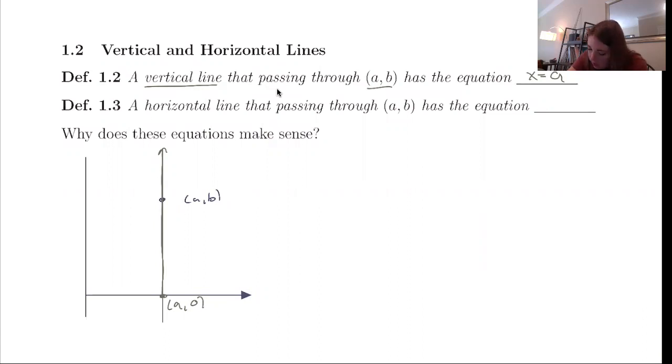Now a horizontal line that goes through (a, b) has the equation. Does anyone know what it might be? I want to see if anyone might guess. Yeah, it's going to be y equals b.